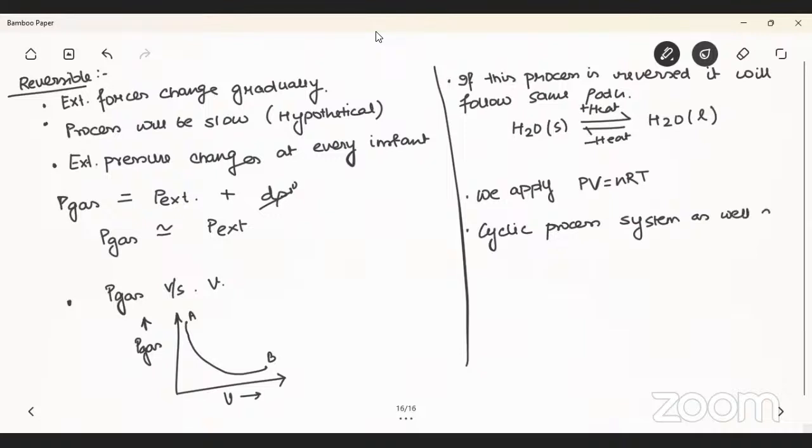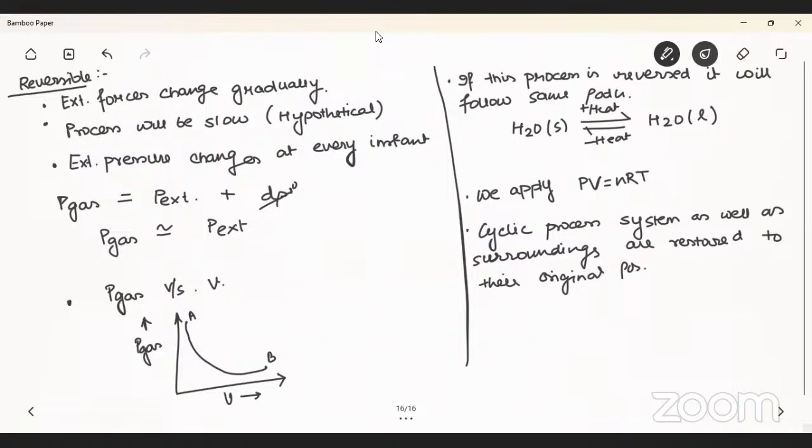So these are the things you have to remember for the reversible process. These are all the properties of the reversible process, and you know what equation to apply, how the pressure is varying, and so on. These are all the general properties.